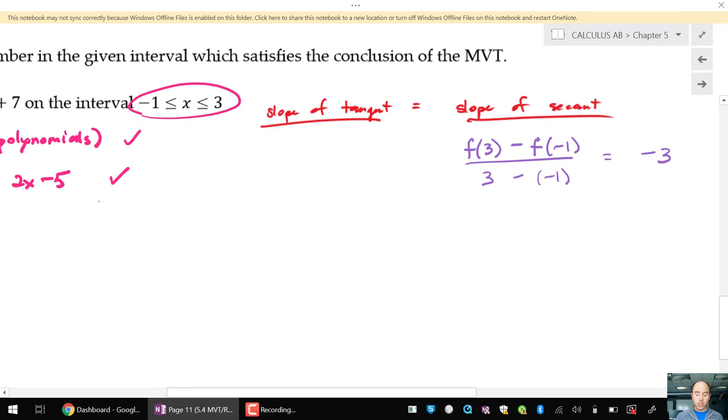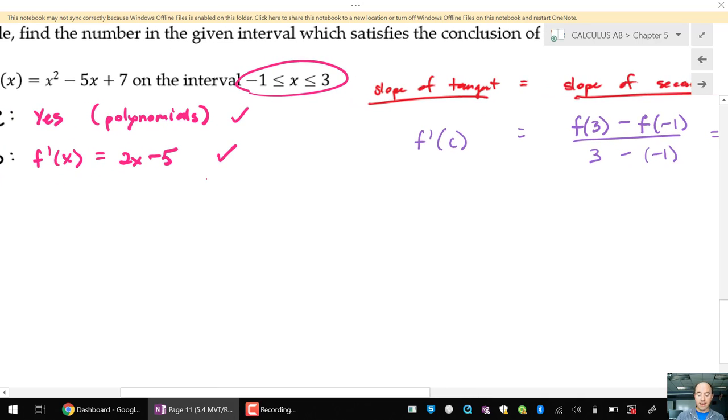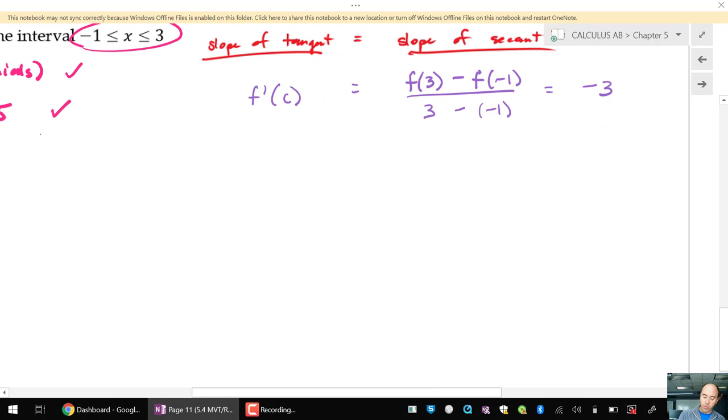The slope of the tangent is just the derivative, so f prime. Well, f prime of x is 2x minus 5. My power rule there, so I'll replace that with a c, so 2c minus 5. And I'll equate that to the slope of the secant. Let's solve for c. 2c is equal to 2. My c value is going to be 1.